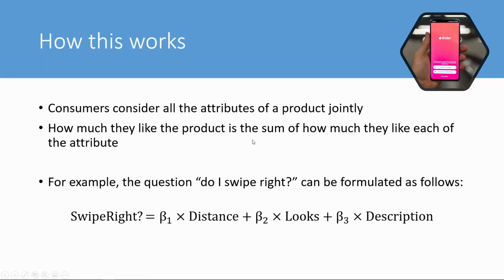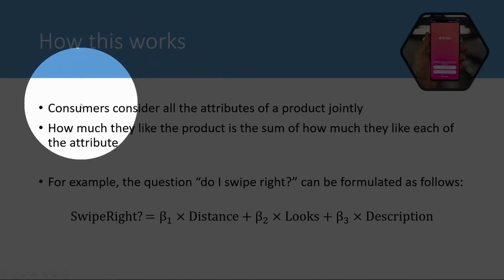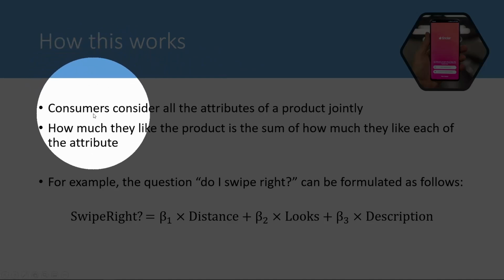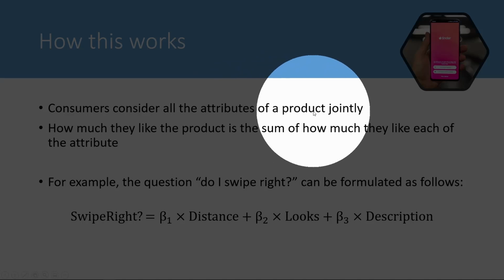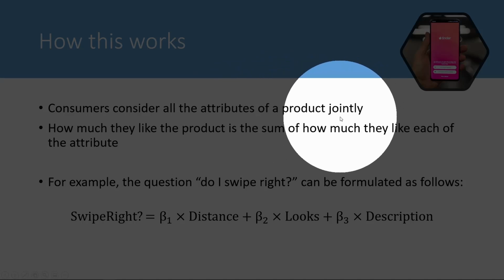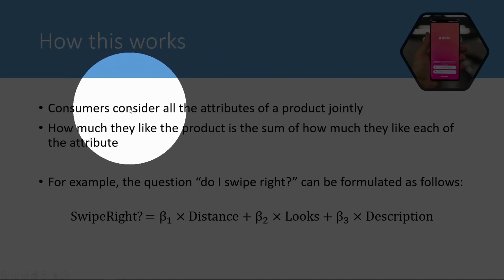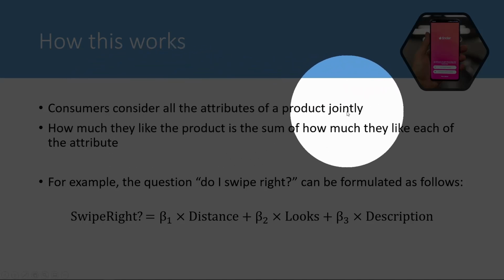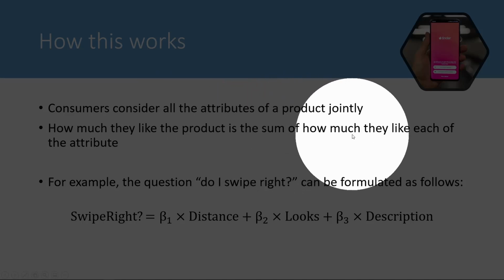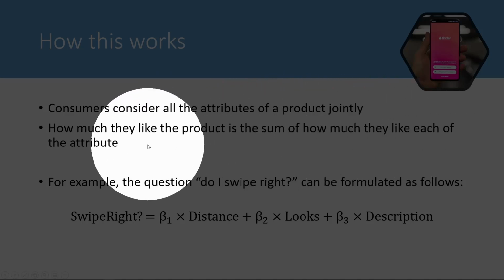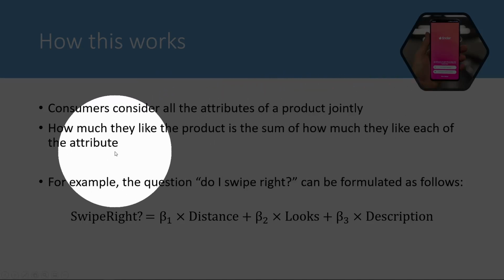So how this works, the fundamental assumption of conjoint analysis is consumers would consider all the attributes of a product jointly. That's actually how conjoint analysis got its name, considered jointly. And how much consumers like a product is the sum of how much they like each one of the attributes.